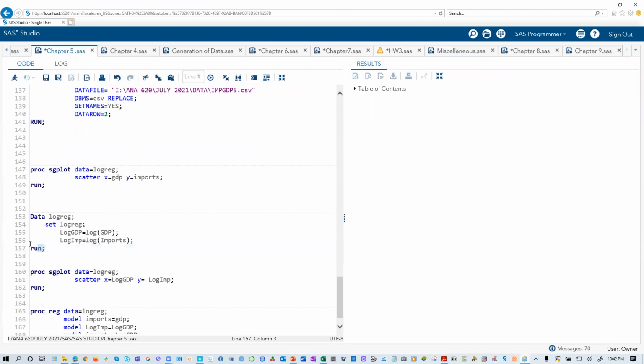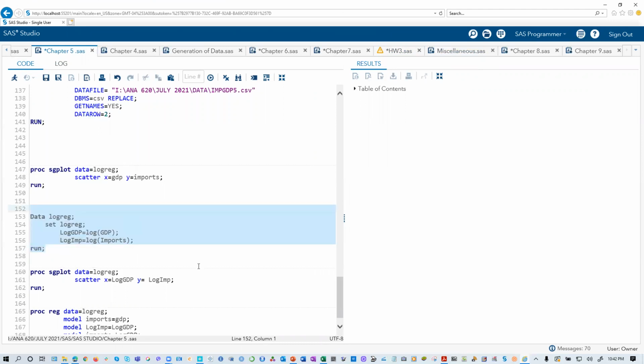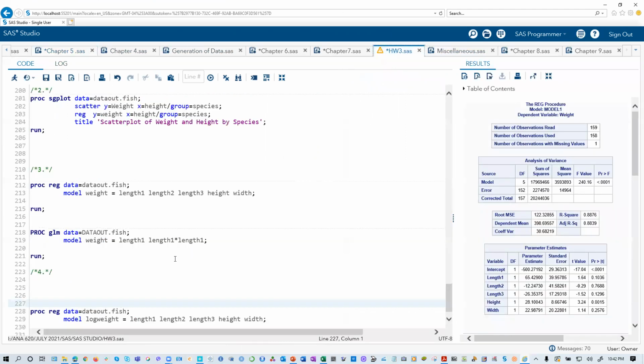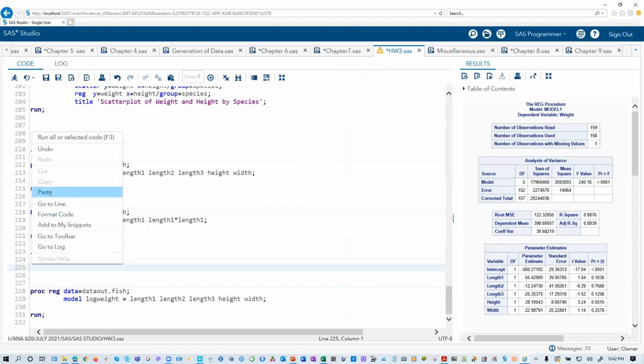So, sorry, this one they haven't given. You can create those logs and then put them back. Log of the data set names, whatever the data set, in a similar fashion. So you have to create logs.